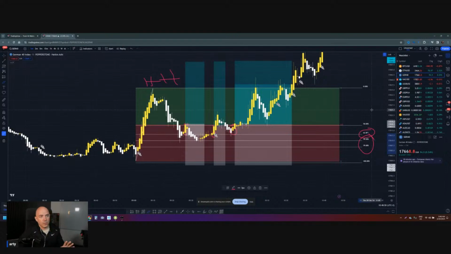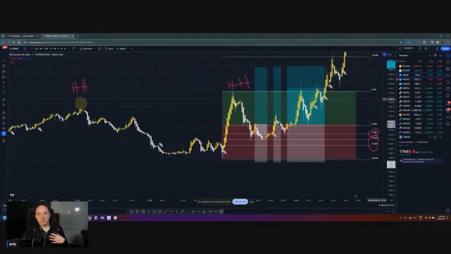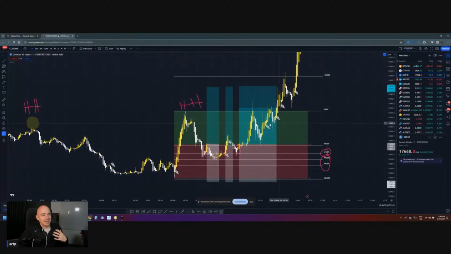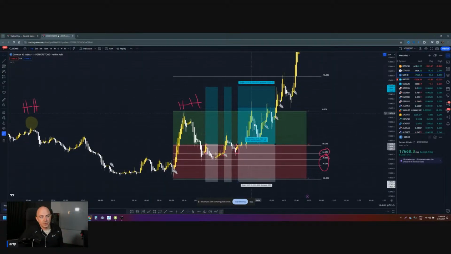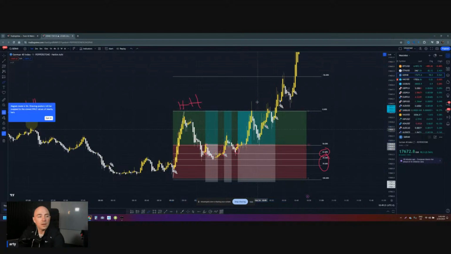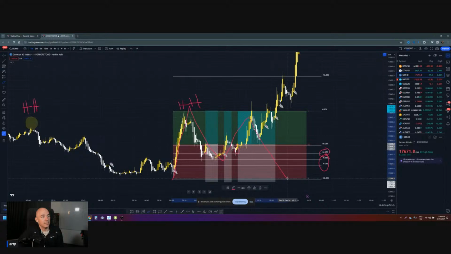So this is where I want to get into a little bit of a caveat. Because price likes to do things like this, your safest bet for your trade is for this to be your take profit, because you do not know for certain if it's going to have enough momentum to break the previous high and continue up like it did, or if it's just going to sit here and consolidate for an hour, half a day, 2 days.